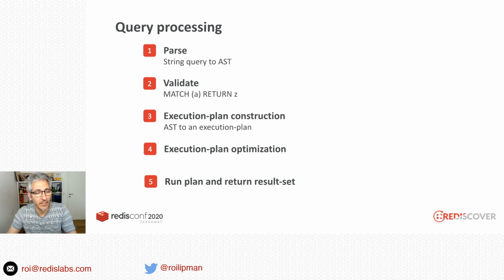Once the AST or the query passes those validations, we can go ahead and construct an execution plan for that query. The execution plan is then further optimized. And lastly, we evaluate the execution plan, and compose the result set.